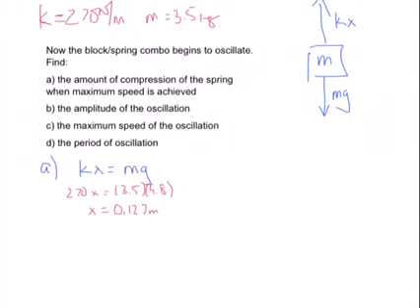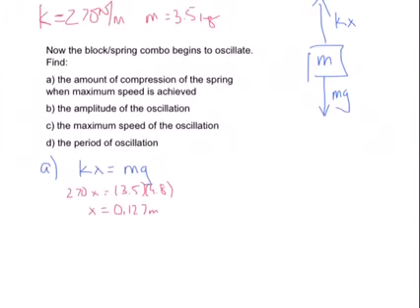So what this means is, as the block falls, the spring compresses to the max distance, which we said was 58.1 centimeters. It raises up into simple harmonic motion, and the equilibrium position happens not when the spring is completely uncompressed, but when it's at 12.7 centimeters of compression.